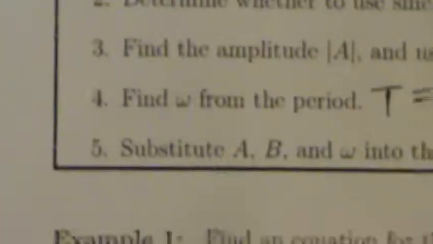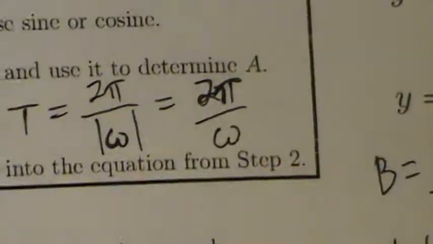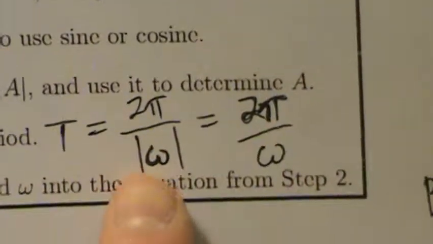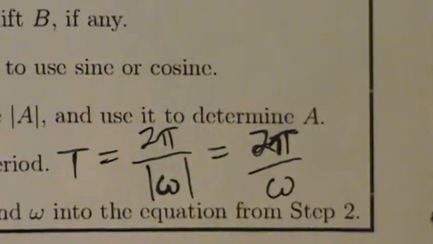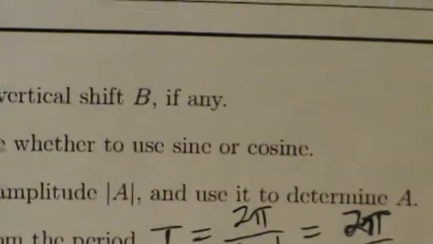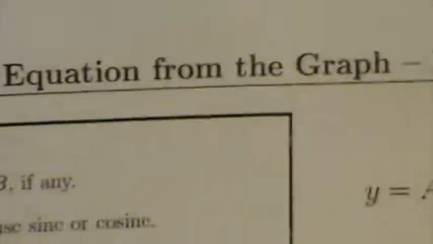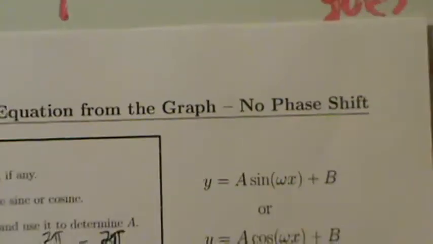Find omega from the period. And remember, we're going to drop the absolute values because we already dealt with positive and negative when we did A. If we're going to worry about positive and negative, then we're going to have to deal with reflections over the y-axis, things like that. It's going to mess things up with how we did A, and it just overcomplicates things.